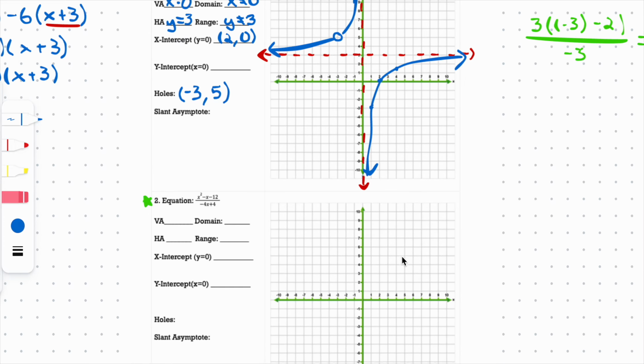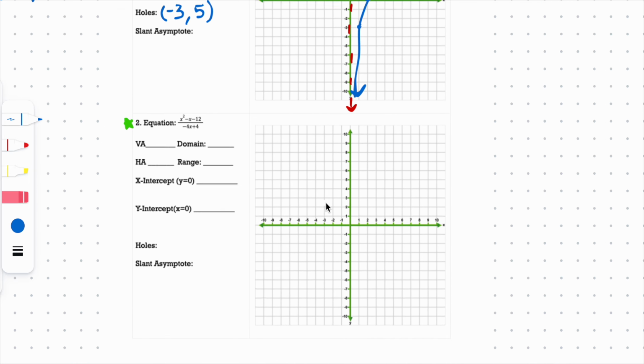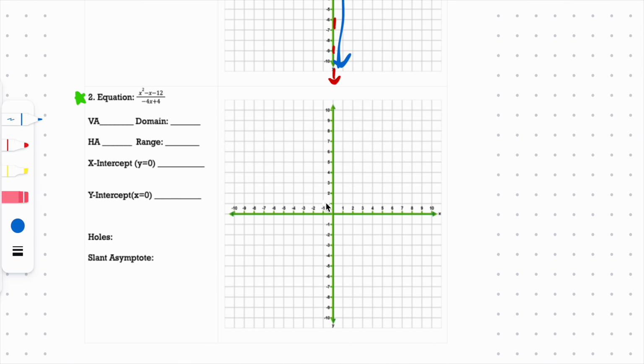Okay, let's move on to the next problem. So we're going to do the same thing. Our first step is to factor. So how do we factor the numerator? We want to find two numbers that add to -1, multiply to -12. So I'm going to call this f of x again.